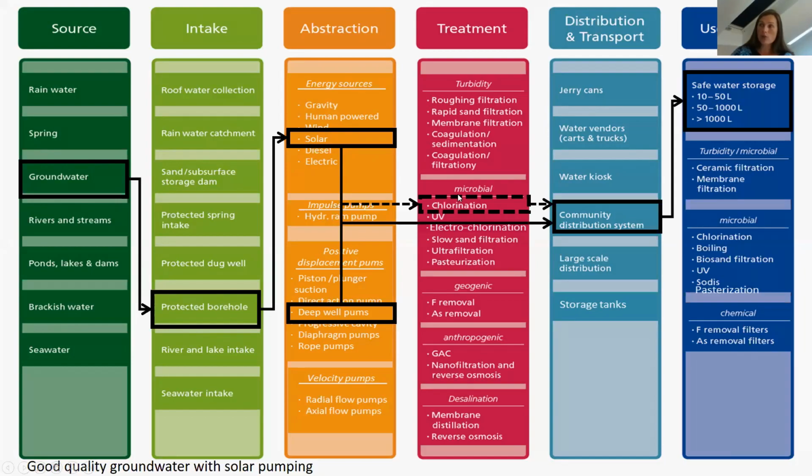It might have to be chlorinated before it enters the community distribution system, to bring some residual chlorine into the system. Finally, it's stored in safe water storage containers in households. So you can draw these kinds of examples as you like, as you would like to structure or think of different options for your typical solution or system.